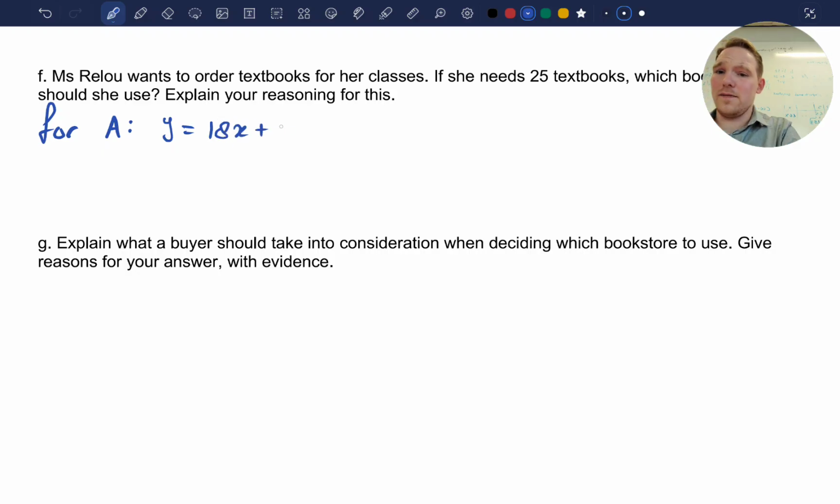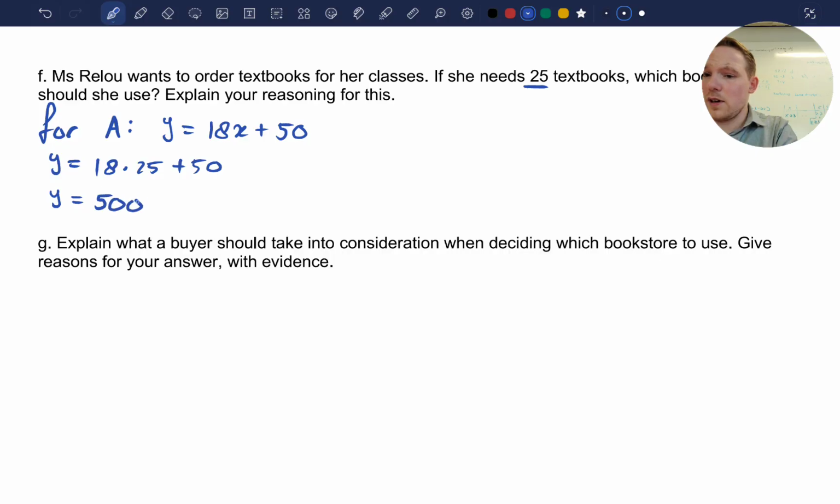Okay, so then we would get the cost of 25 books. So 18 times 25 plus 50. If we plug that in our calculator, what do we get as a cost? 500 exactly. $500.